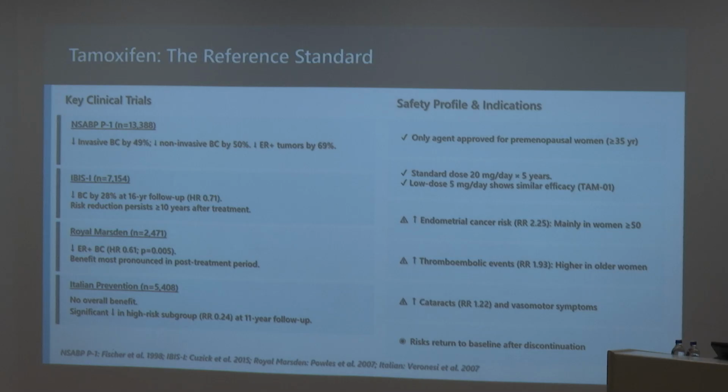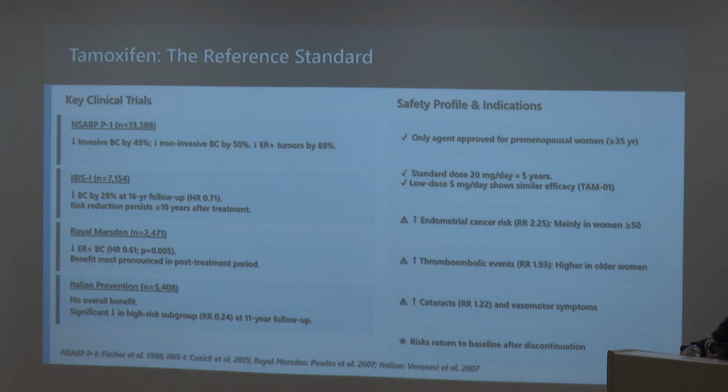But we also had 3 more studies studying the role of tamoxifen in decreasing the risk in these patients. The others are IBIS-1, Royal Marsden, and the Italian prevention trial. In all those trials, they show that using tamoxifen 20 milligrams for 5 years provides a risk reduction of nearly 50% in the whole cohort.